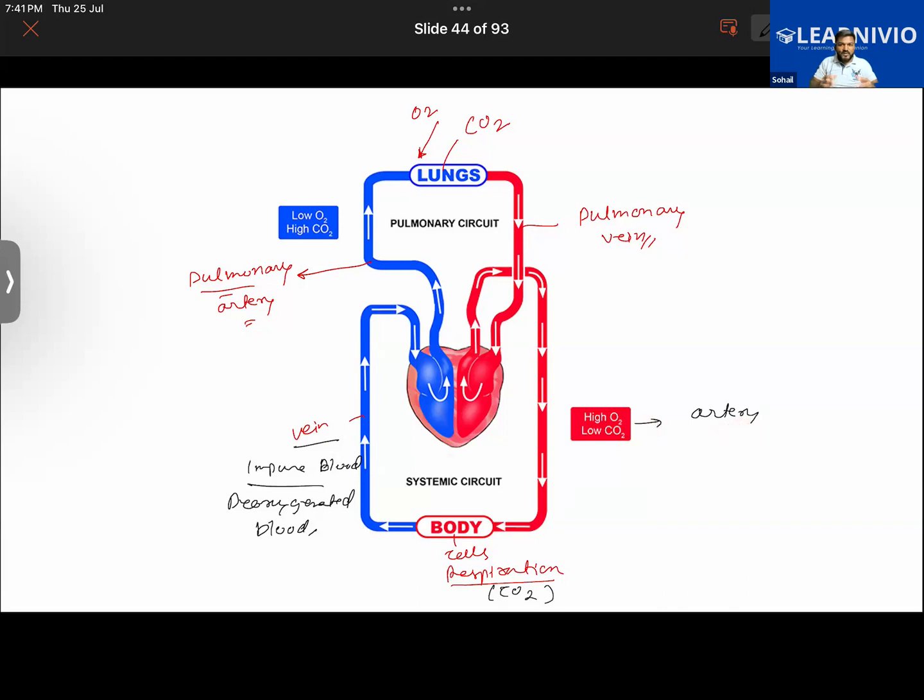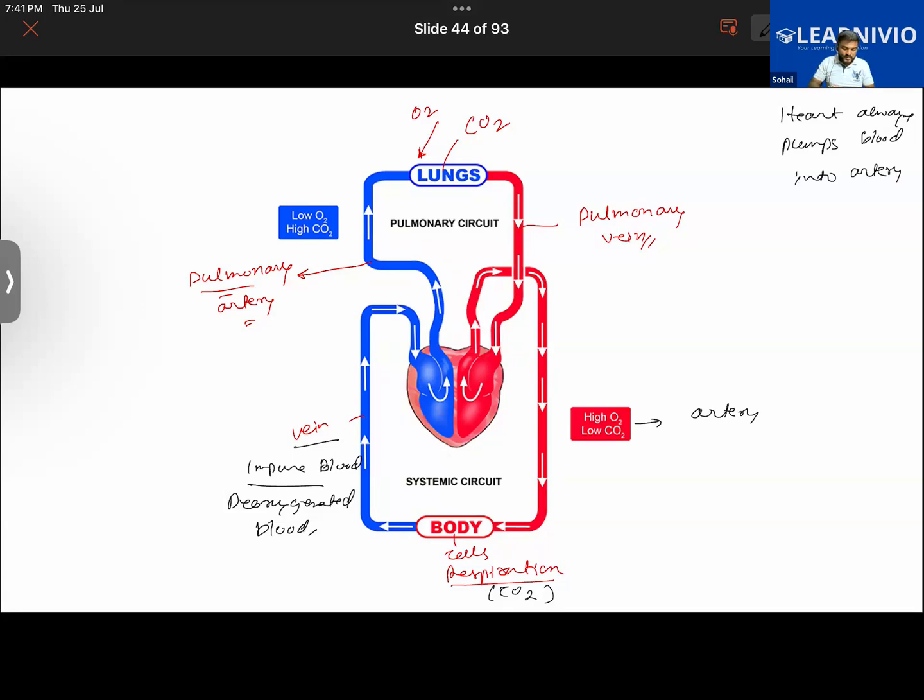Your heart would be pumping the oxygenated blood towards the body, and via the veins the body will send deoxygenated blood towards the heart. A general thing is that your heart always pumps blood into artery.